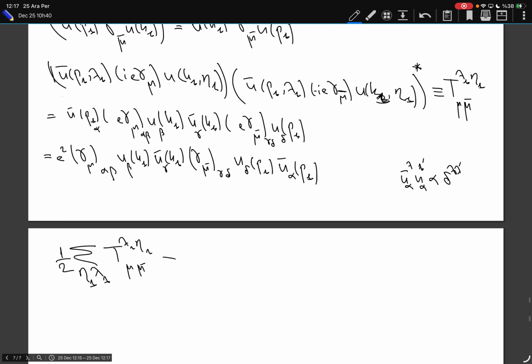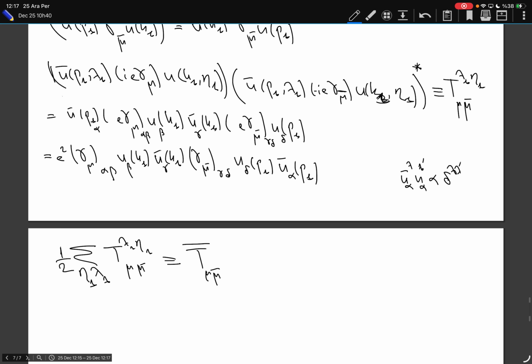This is usually called the average polar amplitude. This is not the full amplitude, just a part of it, but we are averaging over the initial polarization and summing over the final polarizations. Why? Because the initial particles that we send are not polarized. Half of them have one polarization, half the other. This is why we have that 1/2 over there. And our detector usually measures all of the polarizations. It doesn't distinguish between them, hence we sum over the final polarizations of the final particles.